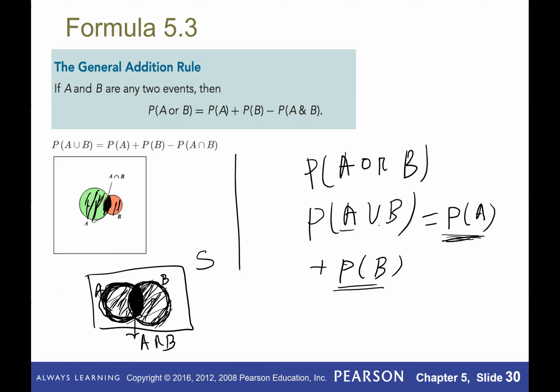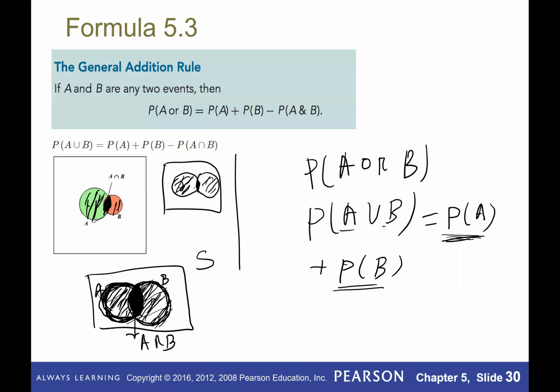But probability of A or B is this region, this one, and this one. Let me draw the picture again. So probability of A or B means this region, this one, and this one. But when you are considering A, you are adding this part. When you are considering B, you are adding this part again.